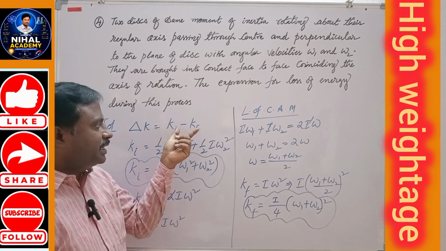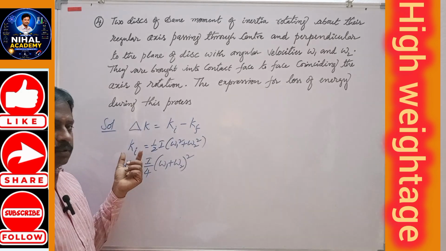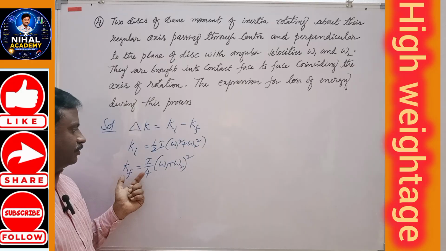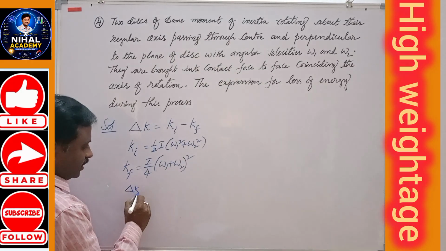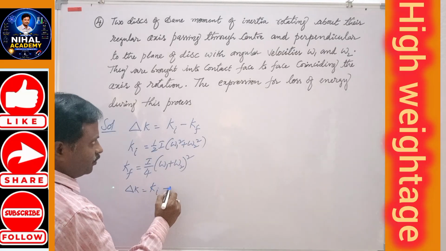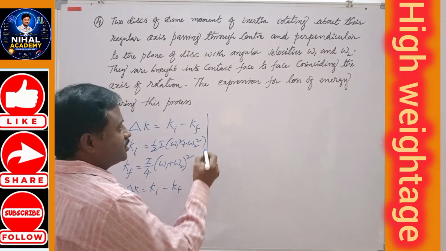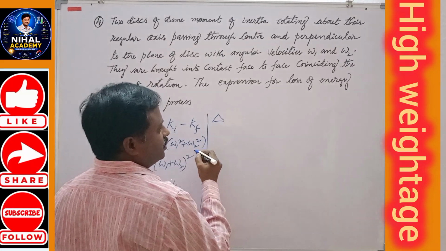Now by using these two, we can calculate the loss of energy, that is delta K is equal to Ki minus Kf. We calculate Ki and Kf, and by using these two we can calculate delta K. Calculate this difference, that is equal to the loss of energy.